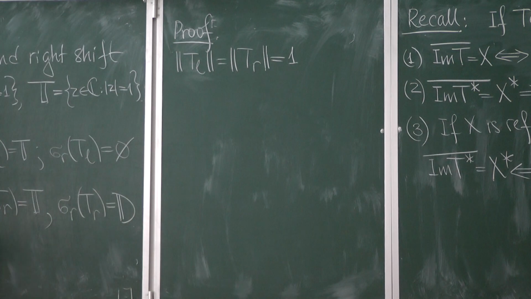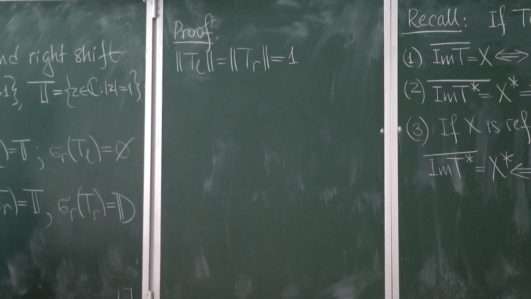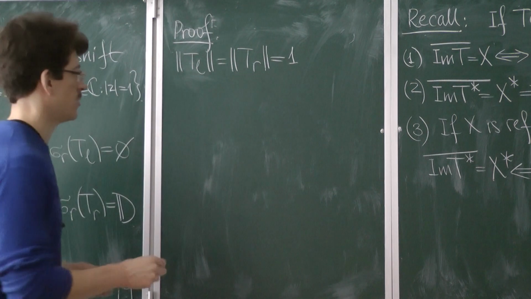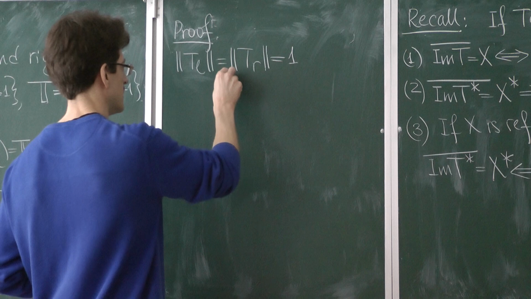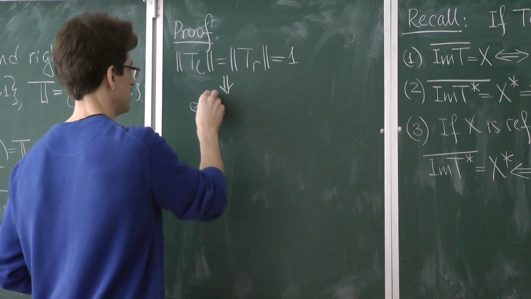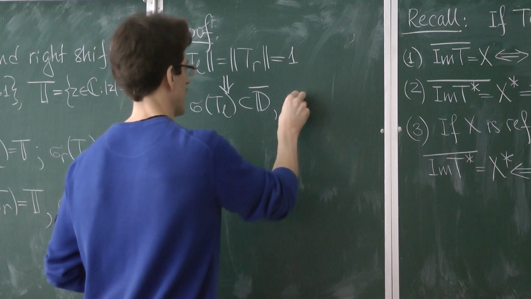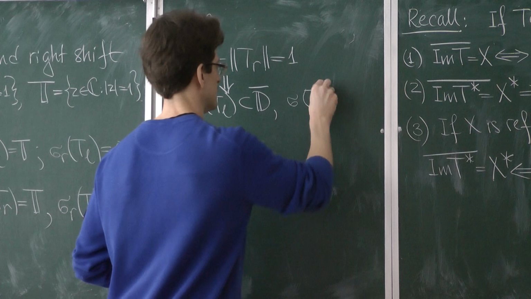And since the spectral radius is less than or equal to the norm, we conclude that the spectra of our operators are contained in the closed disk. The spectrum of the left shift operator is contained in the closed disk, and the spectrum of the right shift operator is contained in the closed disk.